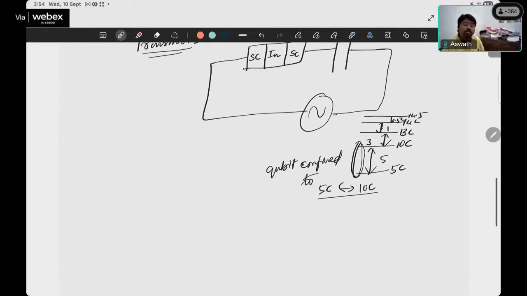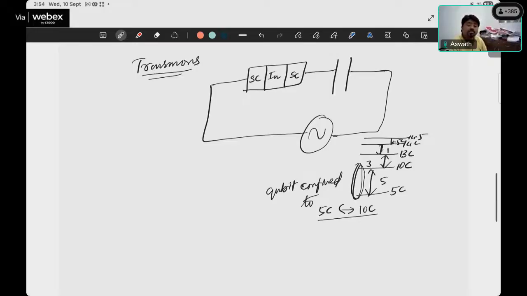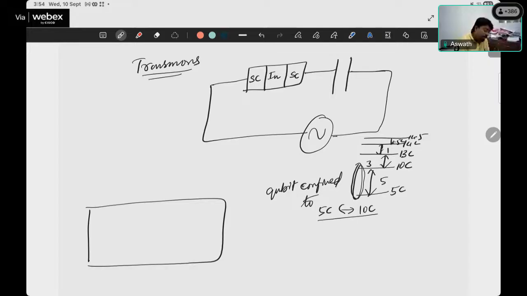Okay, that is a very good thing, na? So that is what Josephson junction is doing. And why is Josephson junction doing this? Because in the superconducting material, superconducting electrons pair up, like opposite spin electrons pairing up. So this is called Cooper pairs.